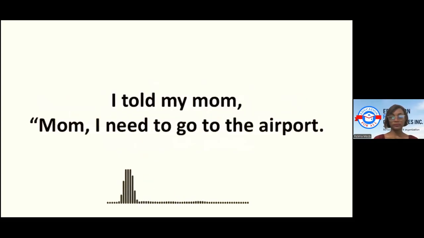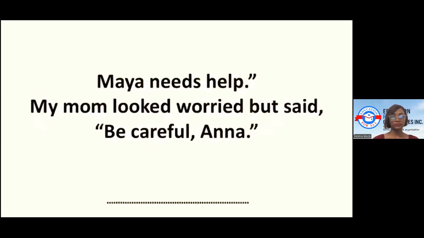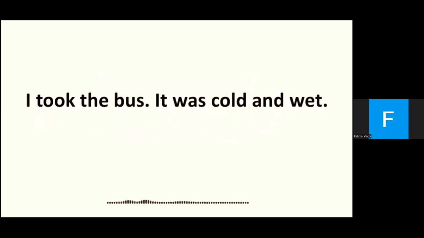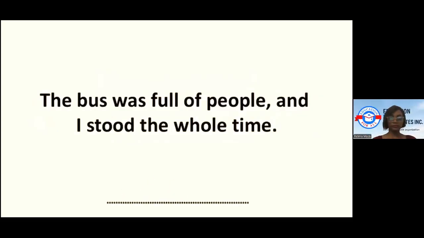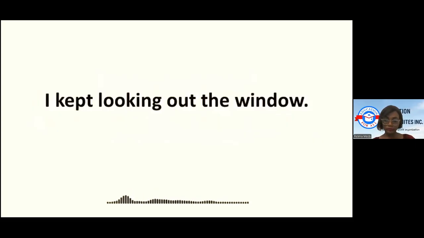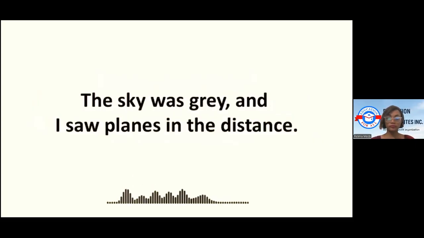I told my mum, "Mum, I need to go to the airport. Maya needs help." My mum looked worried, but said, "Be careful, Anna." I took the bus. It was cold and wet. The bus was full of people, and I stood the whole time. I kept looking out the window. The sky was grey, and I saw planes in the distance.